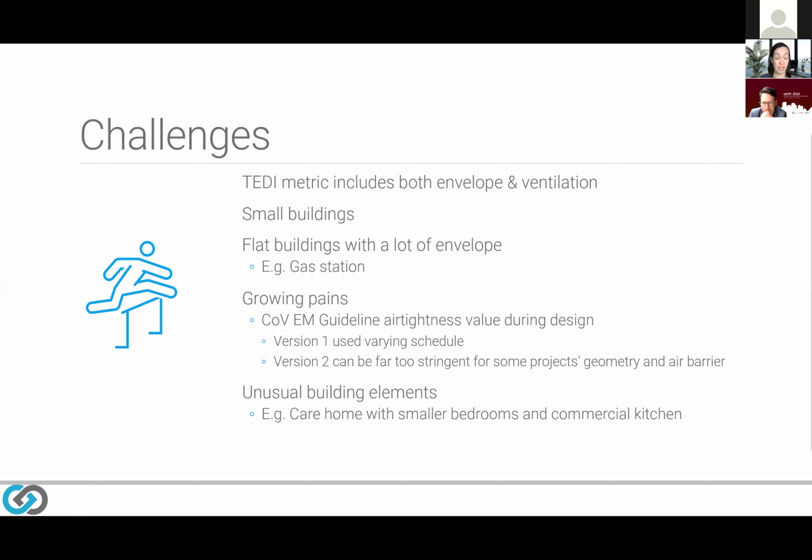And while it's great to encourage better heat recovery, and like I said, it's resulted in lots more standardized heat recovery in industry, including the two together means that you're never really evaluating one or the other. And so what we see in some projects is spending a little bit extra money on the ventilation heat recovery, and then letting the envelope side slide. So that can be one downfall to having the one metric cover both entries.